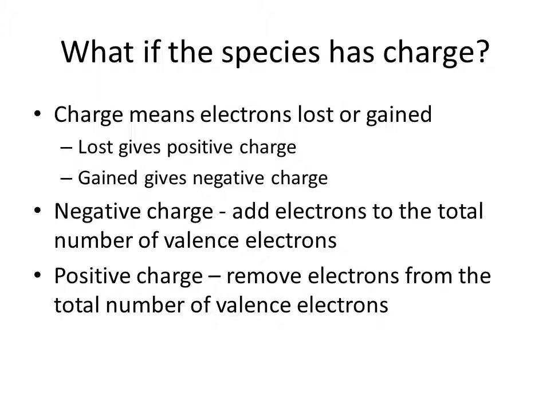If you have a negative charge, it means that extra electrons are put into the valence shell of the atoms in the Lewis dot structure. If there's a positive charge, it means electrons have been removed from the valence electrons.